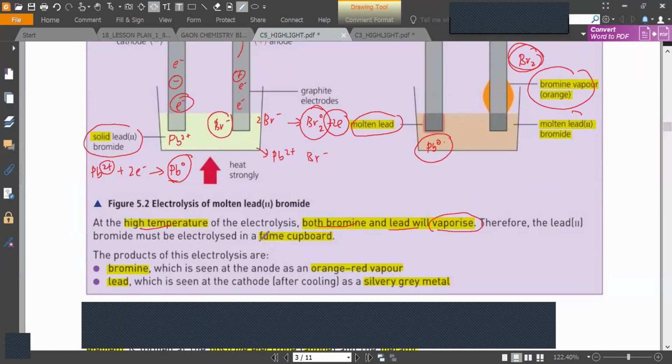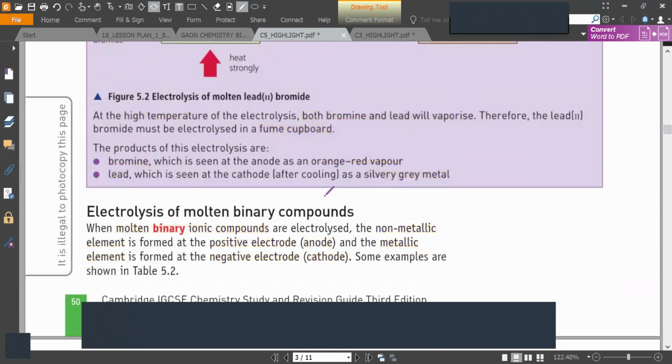So this reaction must be done in the fume cupboard so the toxic fumes do not come out. Here will be bromine, and we will observe an orange-red vapor. In the exam, sometimes it will ask what we observe. And for lead, we will see a silvery gray metal produced here.